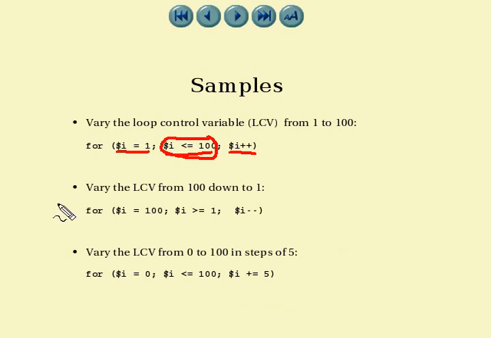All right? The second one, same basic idea, except I is starting at 100. It continues until I is less than 1. When I takes on the value of 0, you're done, and I is decreased by 1 each time through the loop. And then the last one on this page, at least, I starts out at 0. Again, it continues while it's less than or equal to 100, and it increments itself by 5.